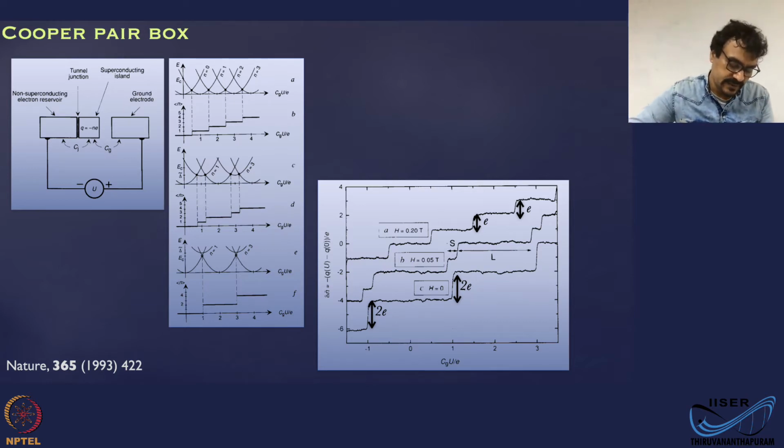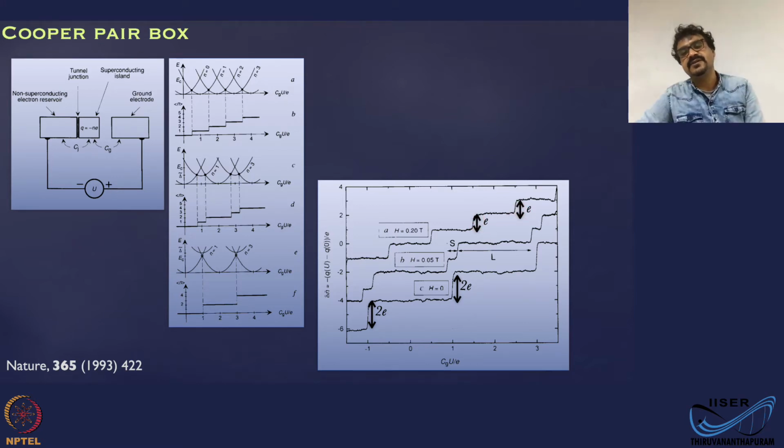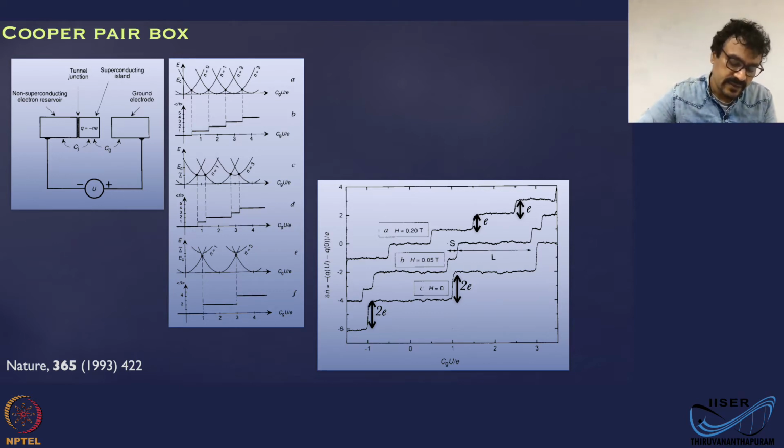So here you can see, when you have a small magnetic field applied, the steps that we discussed are of the magnitude of charge e, the electronic charge. And when you don't have a field, these steps are twice in height, with the charge 2e.